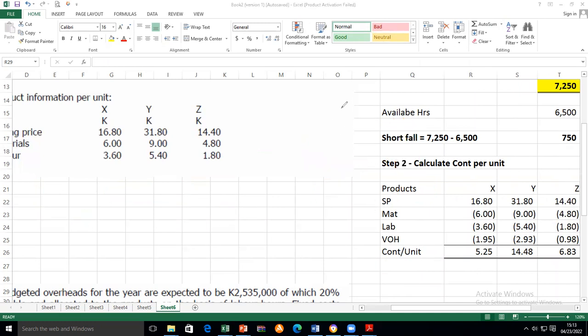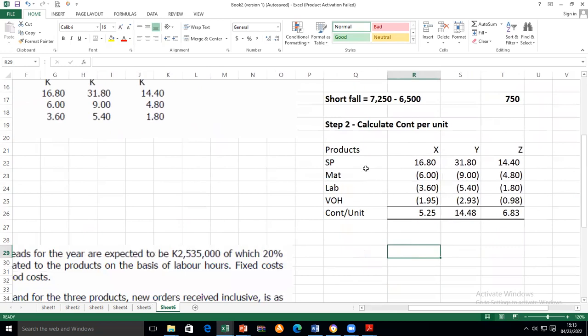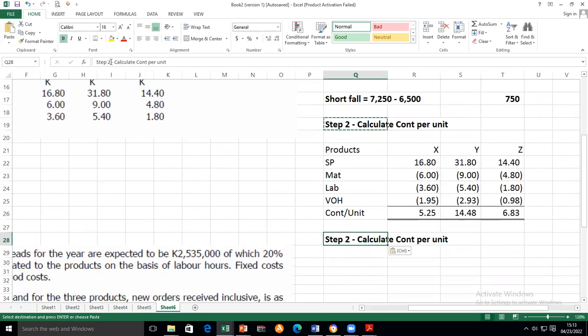Okay, so that was your contribution per each unit that you would produce. Step number 3, who remembers? Contribution per what? The limiting factor.